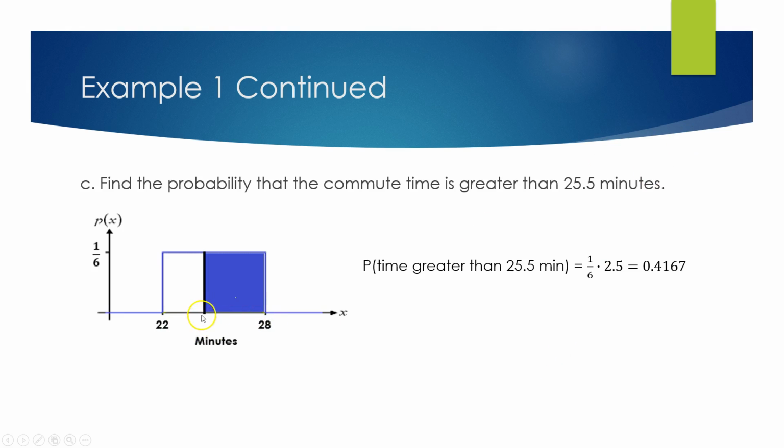If this was 25.5 here, I would have 26.5, 27.5, and then another 0.5 to get up to 28. So the height of 1/6 times 2.5 would be 0.4167. Once you set up your rectangle, it comes down to setting up the dimensions of your box and then finding the area of it.